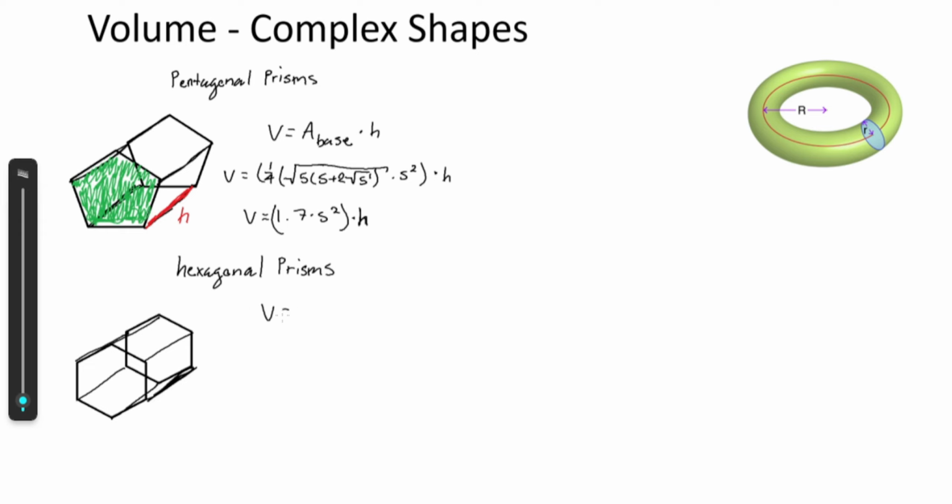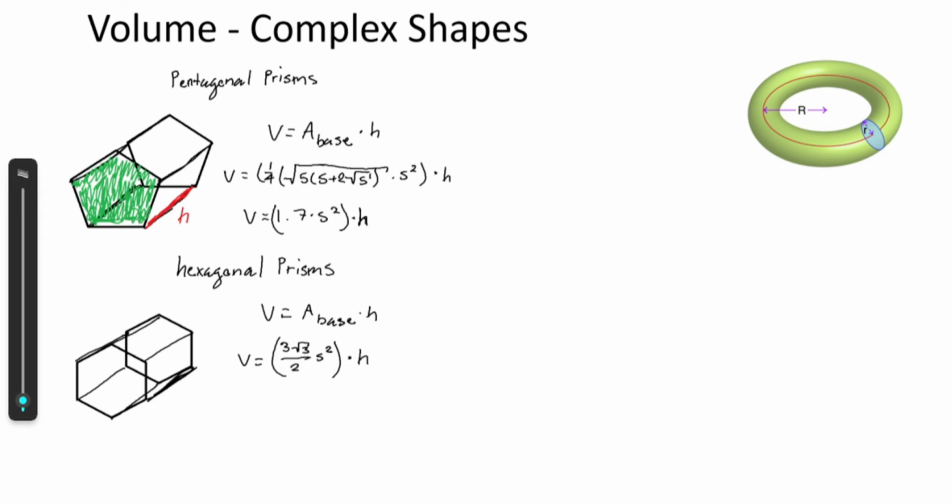So the volume is still going to be equal to the area of the base multiplied by the height in general. If we're going to get specific, the volume is equal to 3 root 3 over 2 s squared, since that's the area of a regular hexagon, multiplied by the height.